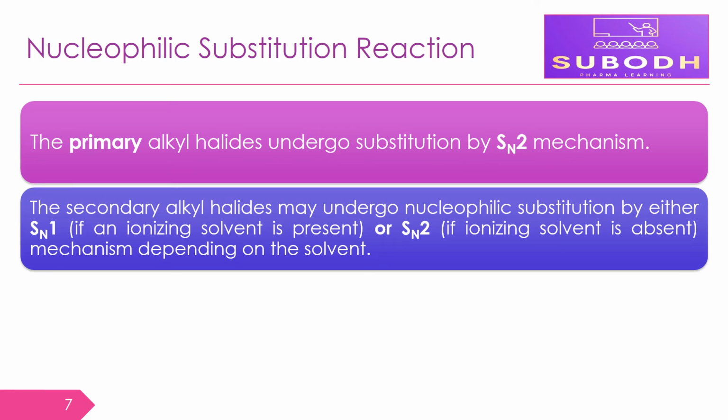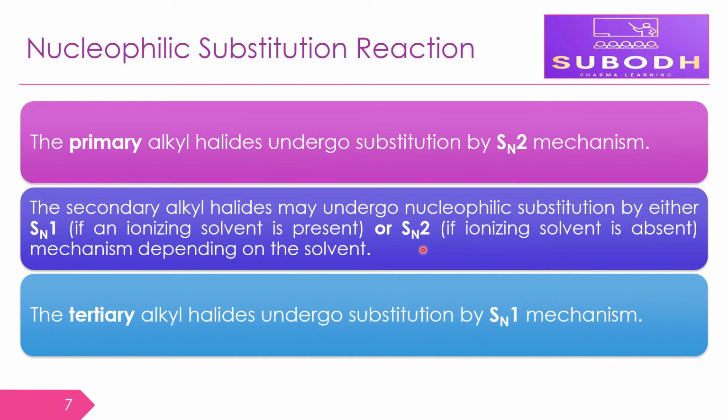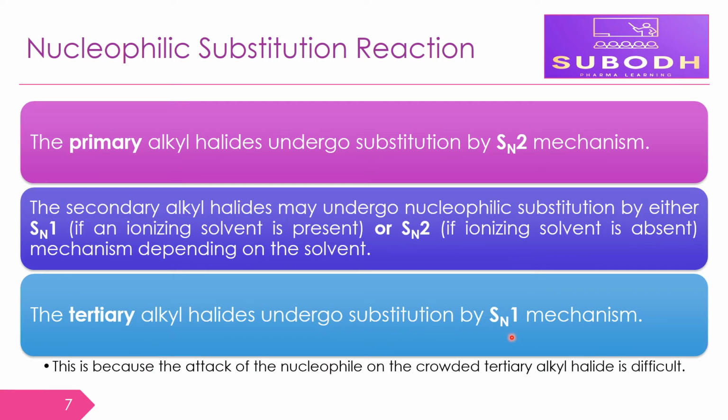If ionizing solvent is present, then it undergoes by SN1 mechanism, and if ionizing solvent is absent, then it undergoes by SN2 mechanism. The tertiary alkyl halides undergo substitution by SN1 mechanism because the attack of nucleophile on the crowded tertiary alkyl halide is difficult.